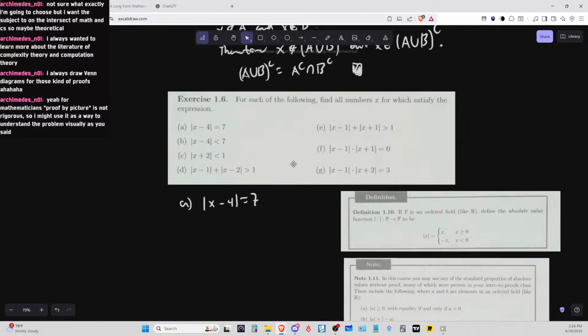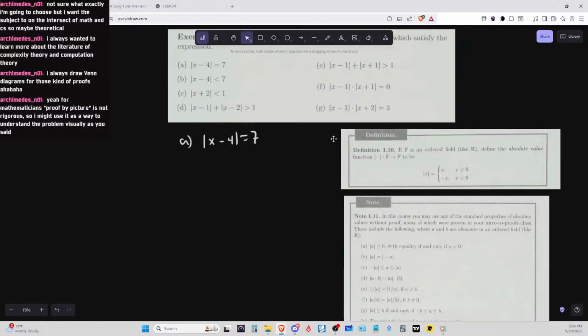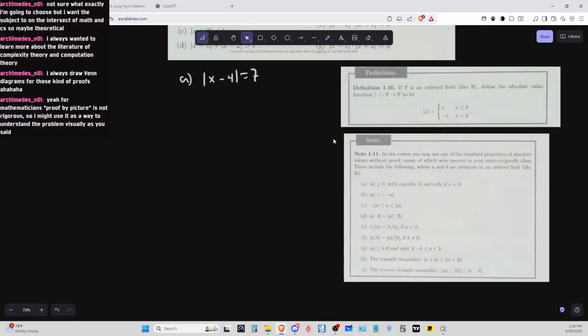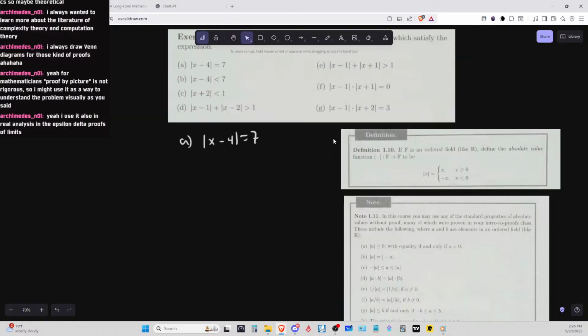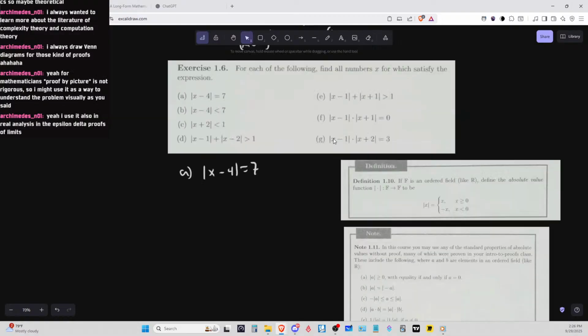Okay, so do we need the triangle inequality? I don't think we need it though, because it says for each of the following, find all the numbers that x satisfies. Okay, so usually 11 minus 4 gives you 7, and it's the absolute value, so that means it's going to work in the reverse.